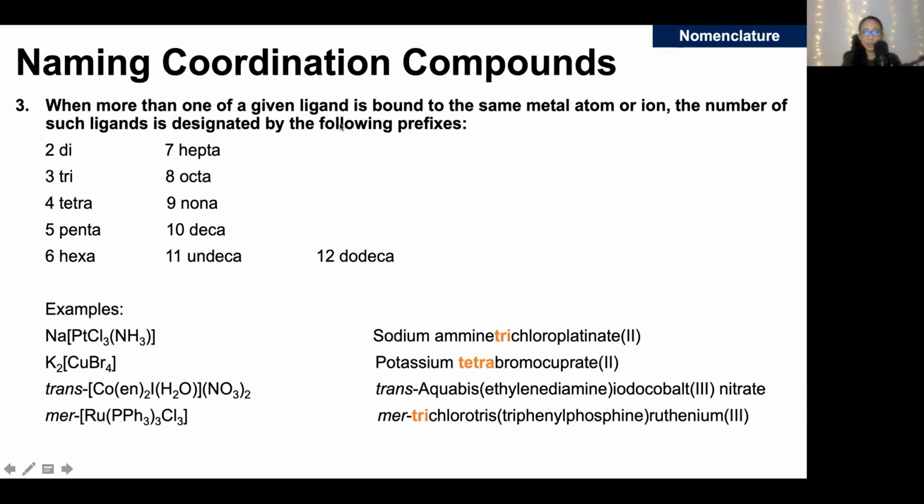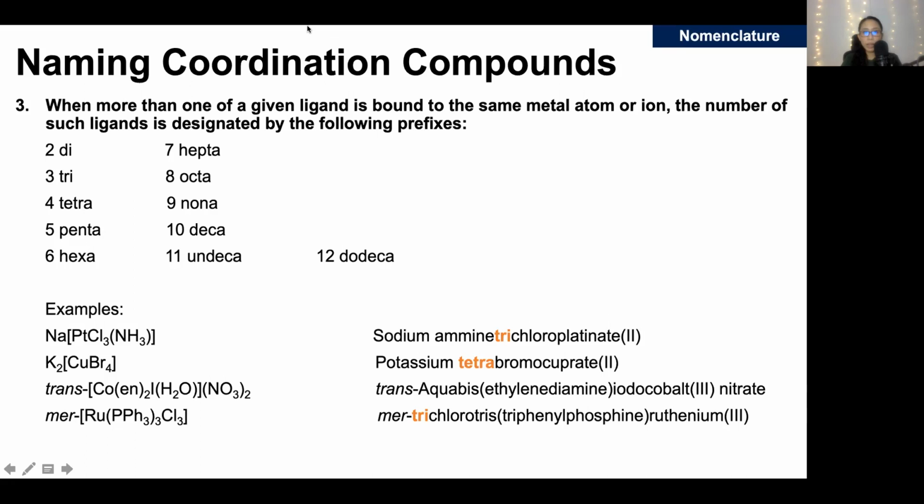Okay, next, third rule. When more than one of a given ligand is bound to the same metal center or ion, the number of such ligands is designated by prefixes. So you have di for 2, tri for 3, tetra for 4, penta, hexa, hepta, octa, nona, deca, undeca, and dodeca.